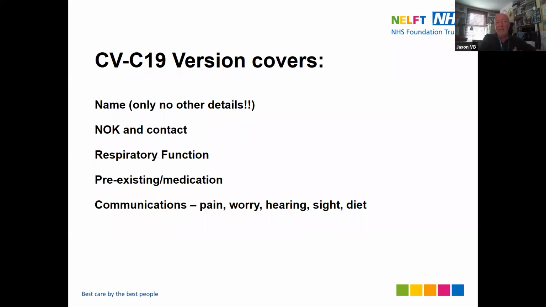Straight up there is next of kin and contact details, contact phone number, and the form is specifically around respiratory function, for obvious reasons, pre-existing medical conditions and medication, and then again, the whole purpose of a hospital passport is around communications. It is a passport to good quality communication to help provide better care.